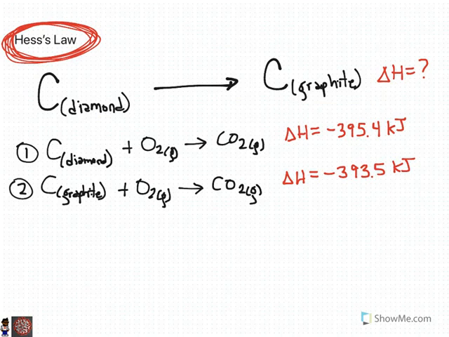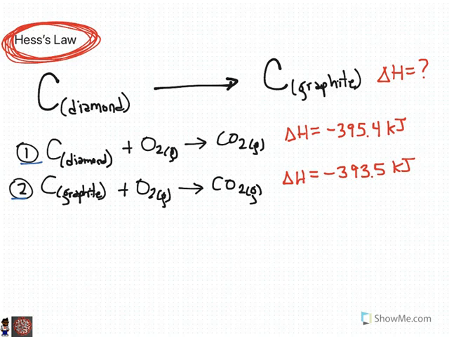So here are the two reactions that we can use. In the first reaction, we've got diamond burning up to form carbon dioxide, and we know a delta H value for that. And in the second reaction, we have graphite burning up to form carbon dioxide, and we have a delta H value for that. So Hess's law says that we can add reactions and add up their delta H's.